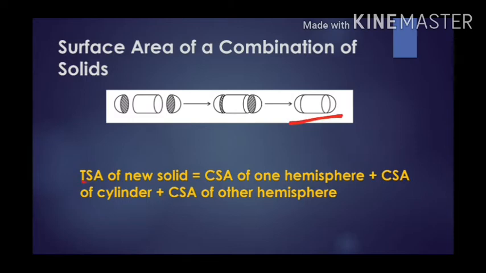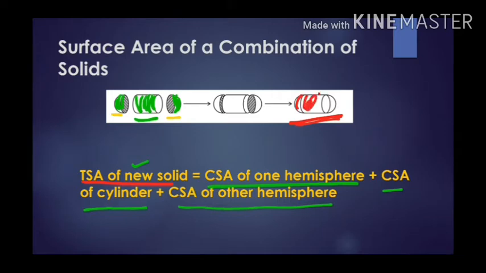The total surface area of the new solid is equal to the sum of the curved surface area of these two hemispheres plus that of this cylinder. So the total surface area of the new solid will be the curved surface area of one hemisphere, plus the curved surface area of the cylinder, plus the curved surface area of another hemisphere. If you add these three amounts, you will get the total surface area of this solid.